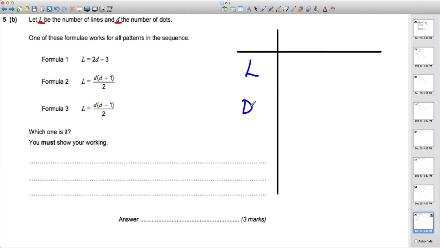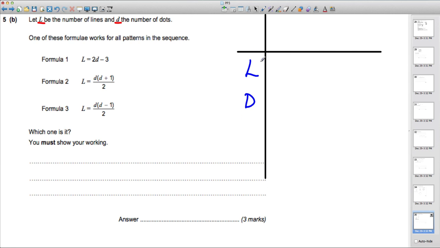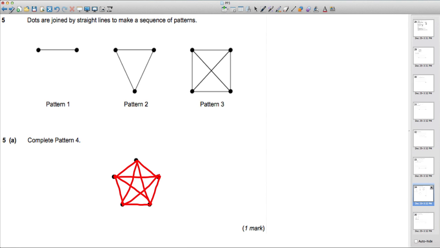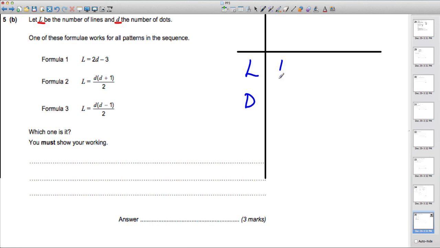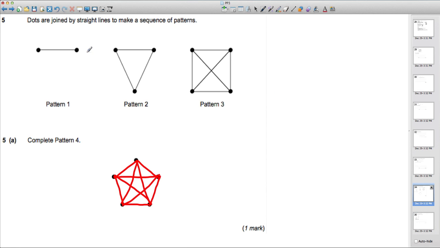So in the first case we have 1 line, 2 dots. In the second case here we have 3 lines and 3 dots.